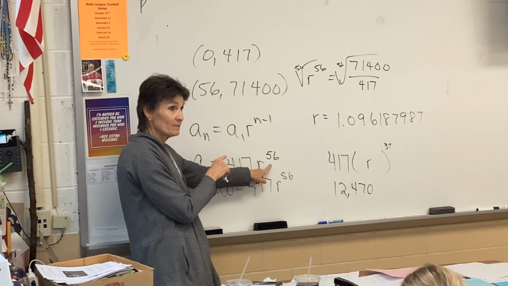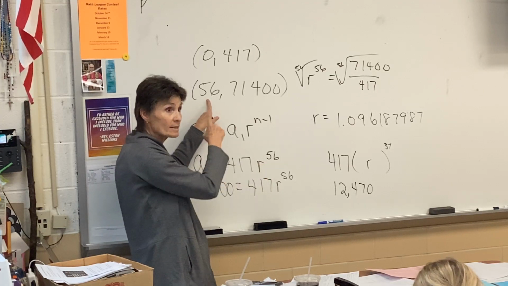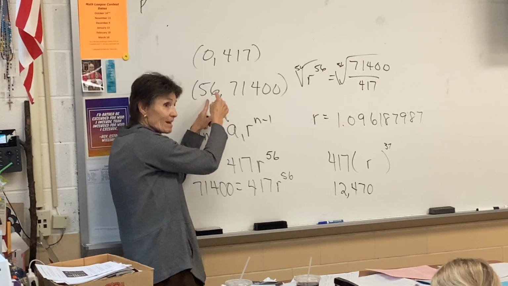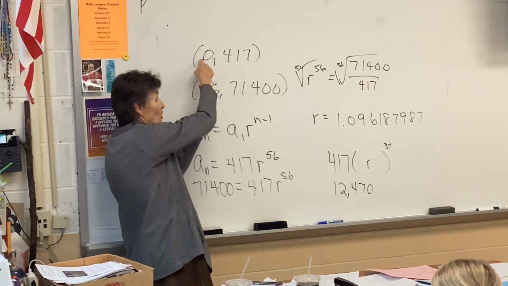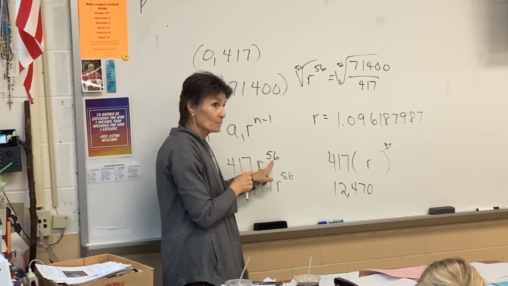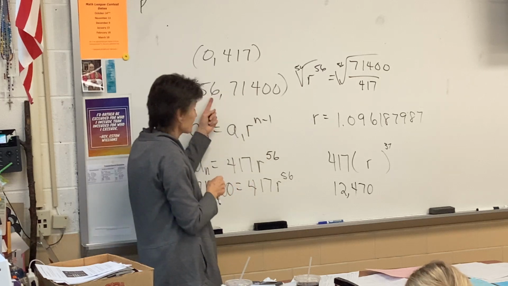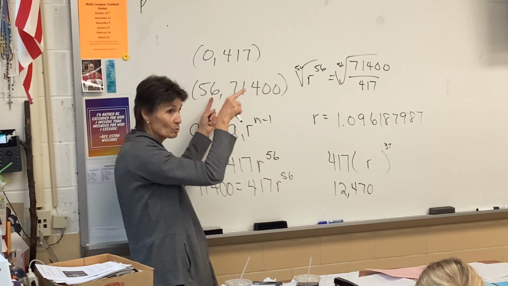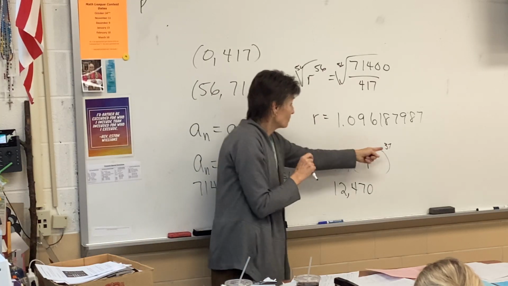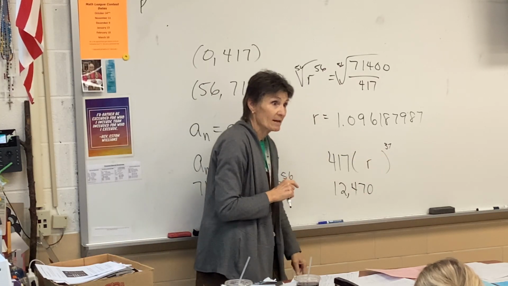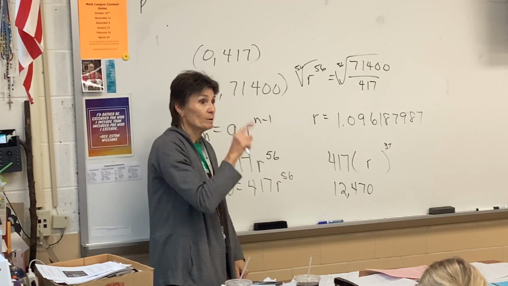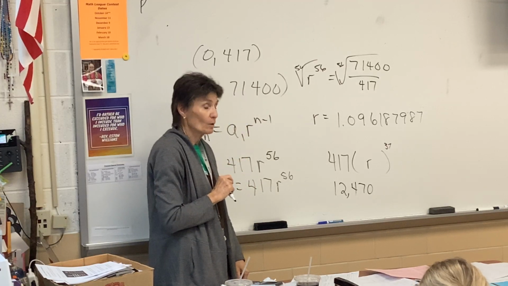Did you do that one to the 56th? And that was 56, because this is actually the 57th term if you start with 0. So that's why this was a 56. Year 56 was to the 56th power, so year 37 is going to be to the 37th power. Year 1 would be to the first power, okay?